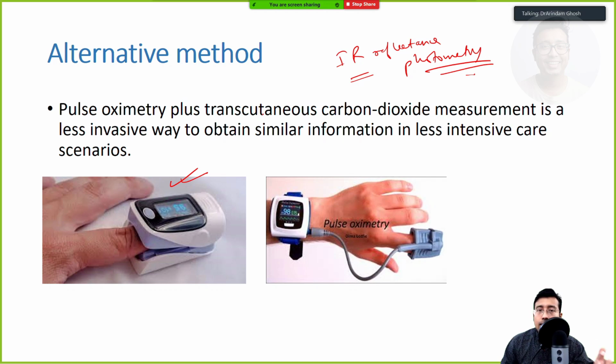Generally, when we use it for a single piece of information, that is oxygen only, it is a pulse oximeter. Similarly, transcutaneous carbon dioxide measurement can also be done. Remember, bicarbonate cannot be measured. For that we need to draw venous blood and measure bicarbonate separately. But still, in a non-invasive way this can be done by the transcutaneous method, just like pulse oximetry.